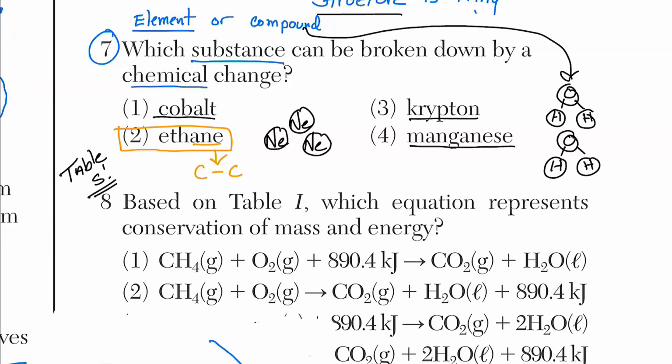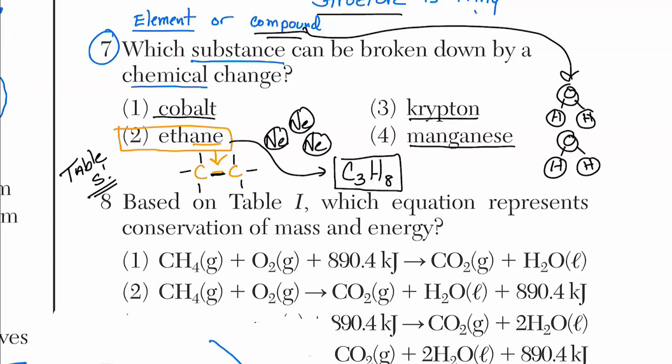Carbon must make 4 bonds. 1, 2, 3, this is 4. This carbon makes 1, 2, 3, 4. And so this is C2H6. Which is a saturated hydrocarbon, but more importantly, it's 2 or more different elements bonded. It's a compound, and compounds can be broken down into their individual elements, whereas 1, 3, and 4 are just elements already. So it's important that you understand that question.